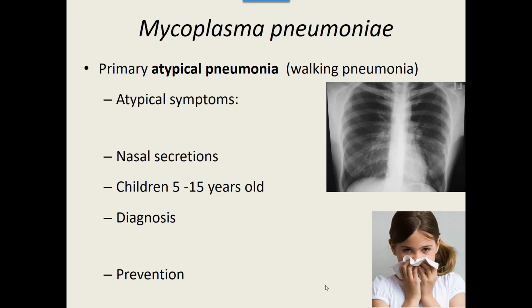Our better diagnosis is usually some type of ELISA that can specifically look for the antigens of this bacteria. Now, your best bet is just to not get it in the first place, and good hygiene is the best way, because again, it can be spread through those nasal secretions.